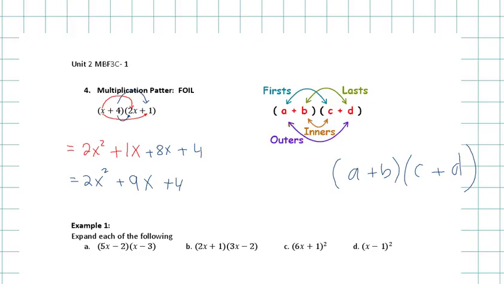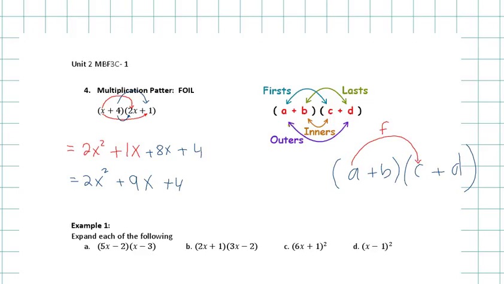Alright. So, you're going to have to multiply the first by the first. Okay? So, first times the first. So this gives you the F, the first. Then we have the outer, your 2 outer letters.